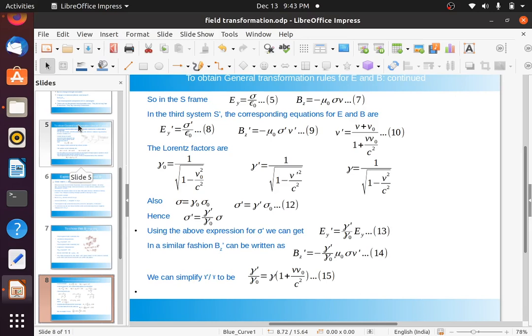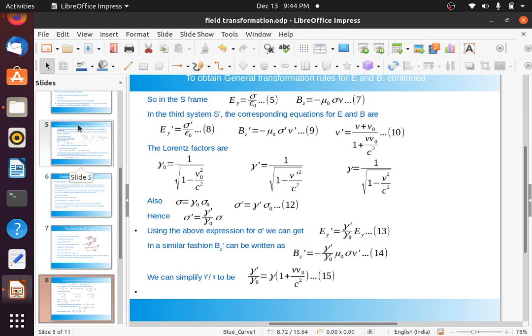Sigma dash you measure from the S dash frame, gamma dash is the corresponding Lorentz contraction factor. Sigma is what you measure in the S frame, gamma 0 is the corresponding Lorentz contraction factor, so that sigma 0 can be substituted as sigma by gamma 0. So you can write sigma dash is equal to gamma dash by gamma 0 into sigma. You have got that result.